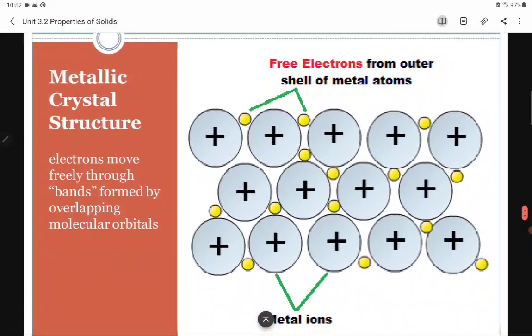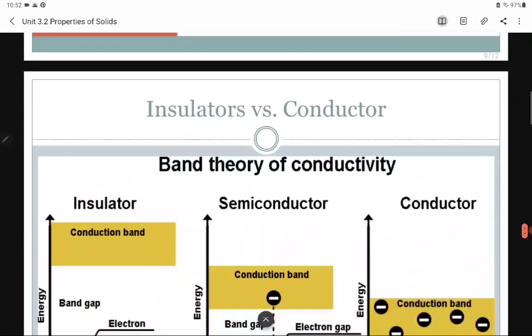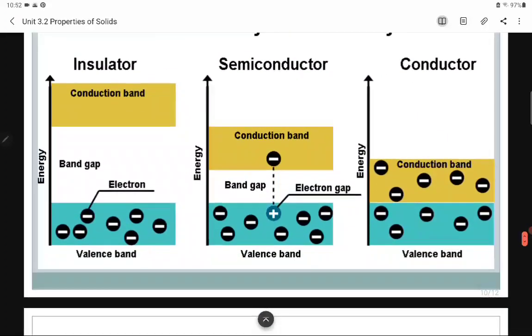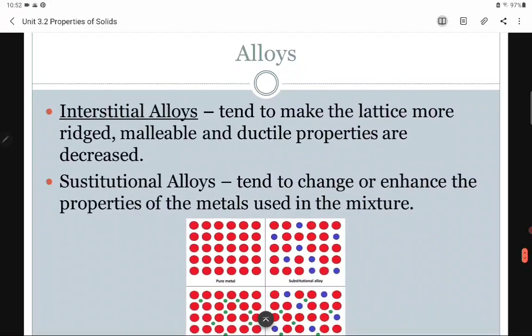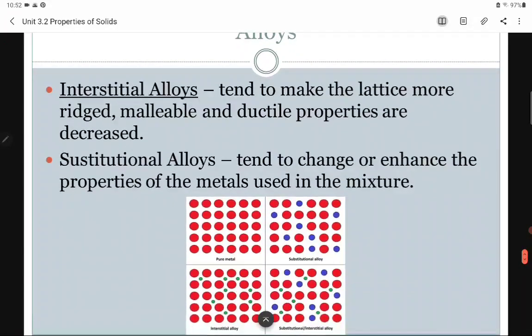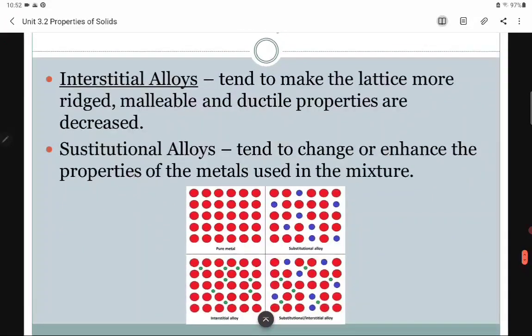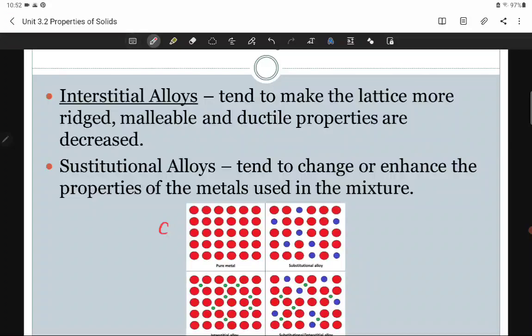Yeah, we talked about the sea of electrons before. We talked about the conduction bands before. We even talked about alloys before. So, I don't know if I gave you this picture or not before, but here would be a pure metal. Let's call it iron.